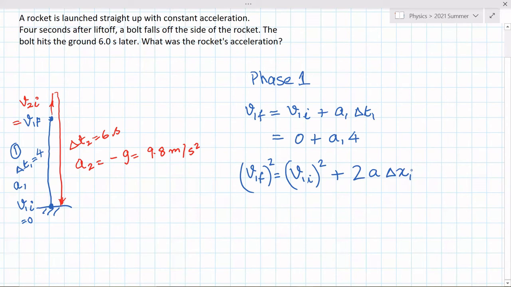That's the distance or the height it traveled before the bolt separated. And here we get V1 squared equals 0 plus 2 A1 delta x1.